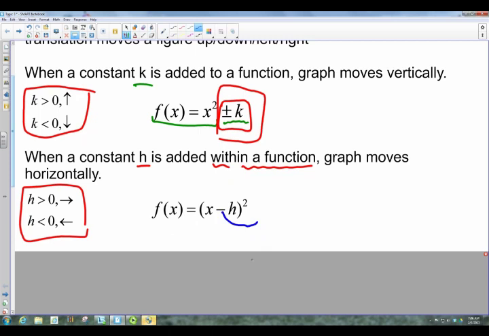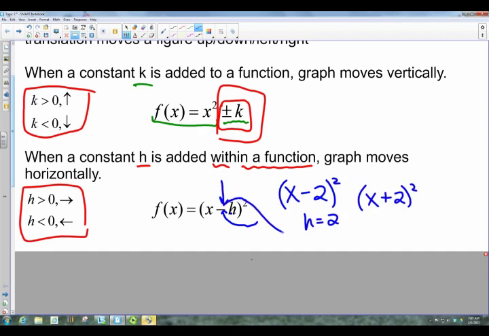So if I give you something like x minus 2 squared, because it has that same minus sign, the h value is actually a positive 2. So it would be moving to the right. If I gave you something like x plus 2 squared, the original negative here turns into the positive there, and the only way that a negative will turn into a positive is if you have another negative multiplied with it. And so that's actually moving to the left.